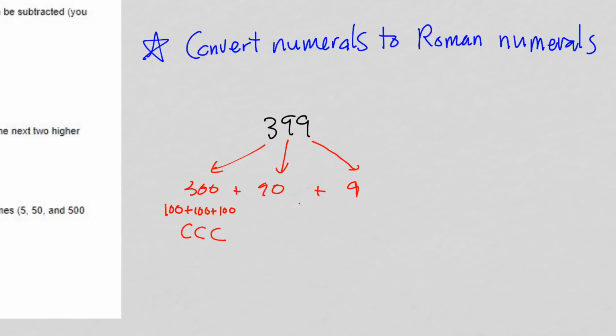We know that this 90 is 10 lower than 100, so we're going to say this is 100 minus 10, and this is going to be 10 minus 1. So we take 10 away from 100, and we're taking 1 away from 10.